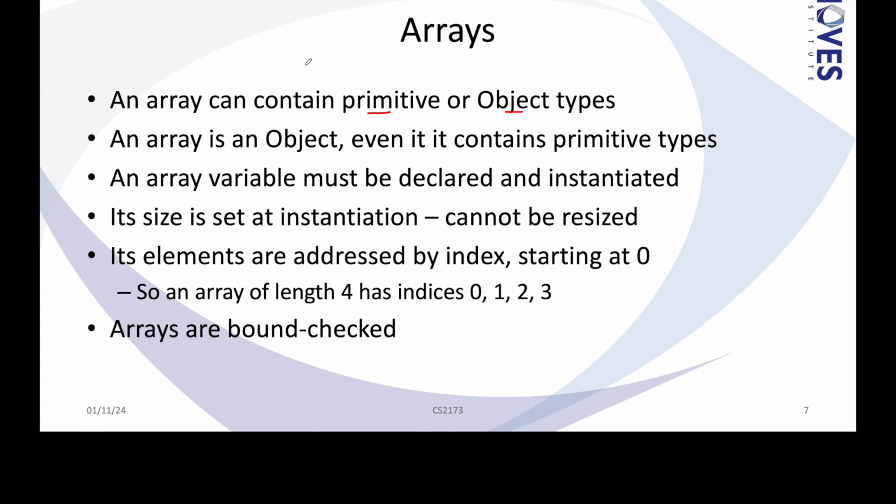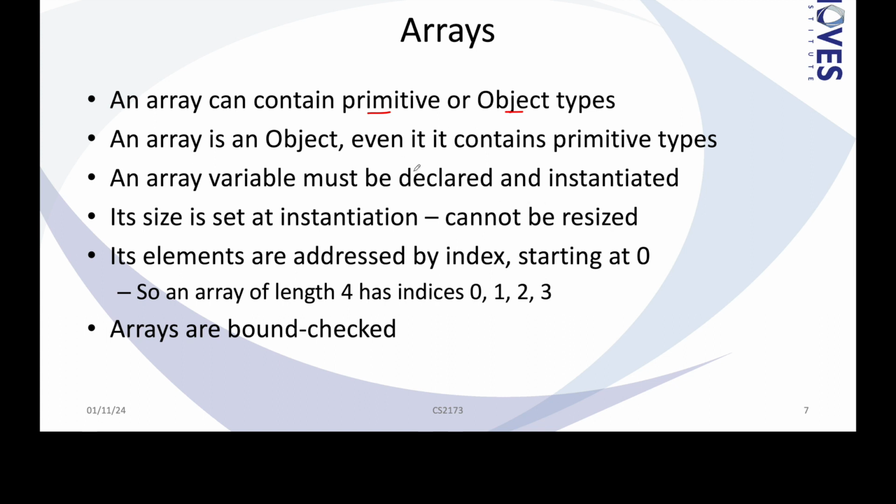As an object, an array variable, you have to declare it, because an array of ints is a different type than an int. An int is a number. An array of ints is an object that's going to have a number of ints in it.